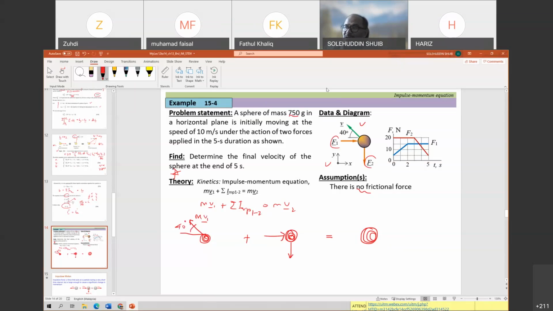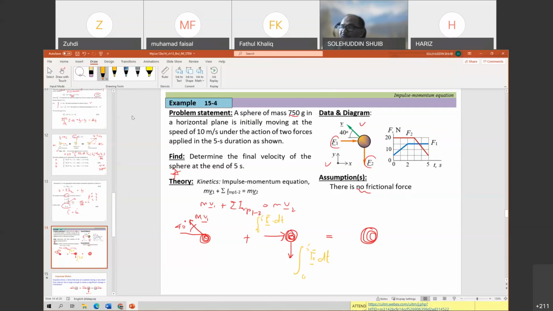So you write the equation, the integral from 0 to 5 of F1 dt. Then the next one, same thing, 0 to 5 seconds, this is F2, the integral of F2 dt. And the third one is the final one.